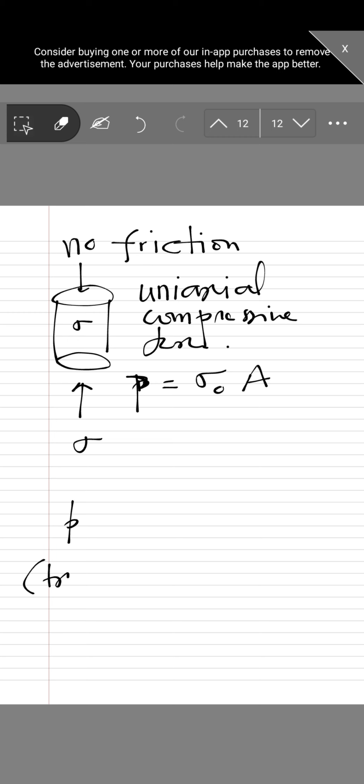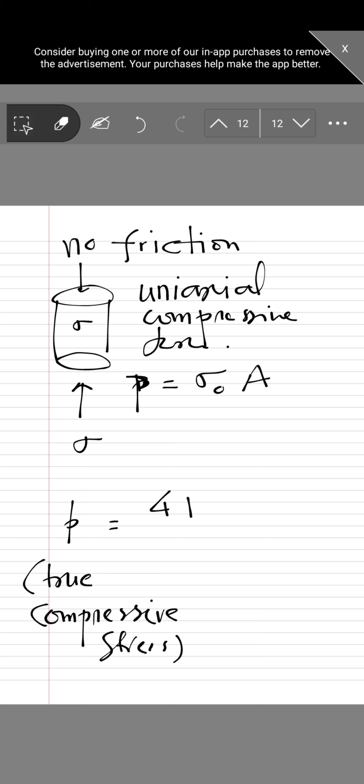This is the true compressive stress. So this is equal to 4P by pi d squared. It is simply the load divided by the area.